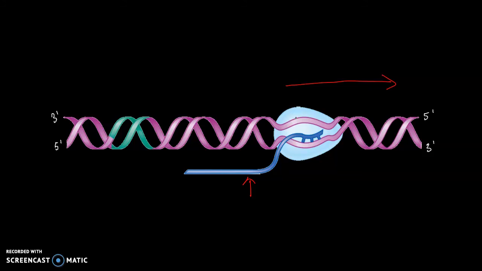It's going to get longer and longer until the RNA polymerase reaches the end of the gene. At that point, the newly formed RNA is going to be detached from the DNA and is getting ready to move on to what it needs to do.